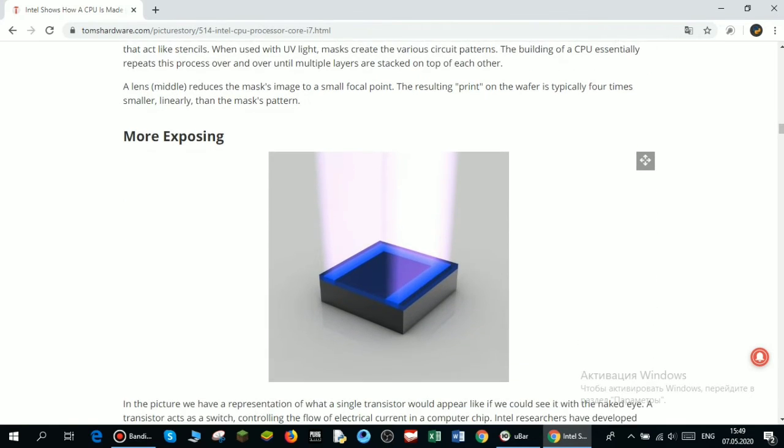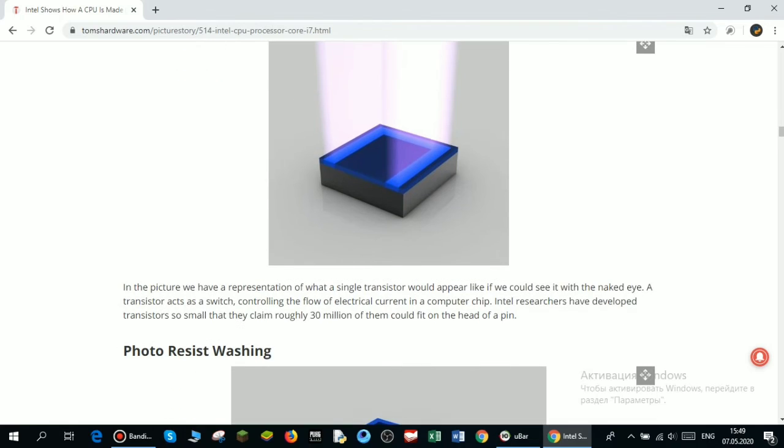Okay guys, more exposing. In the picture we have a representation of what a single transistor would appear like if we could see it with the naked eye.